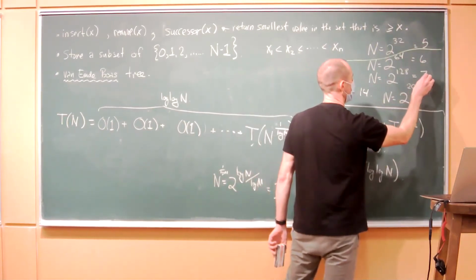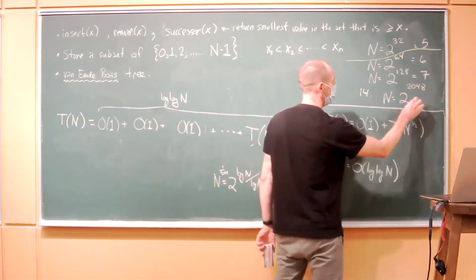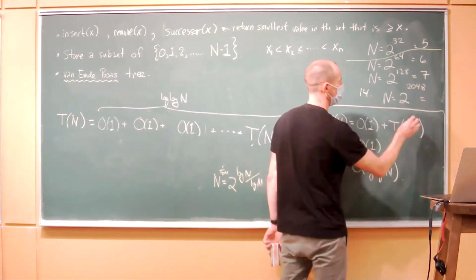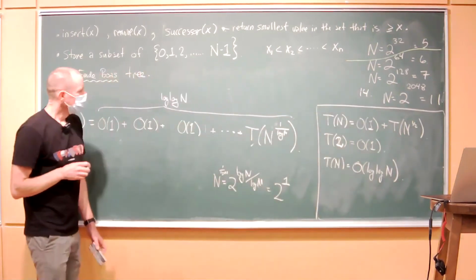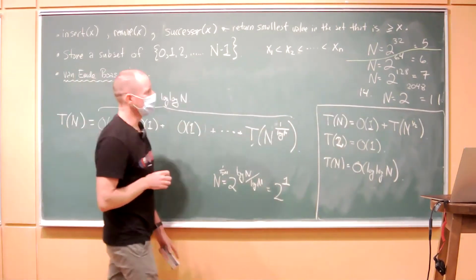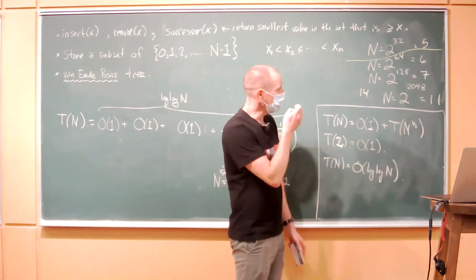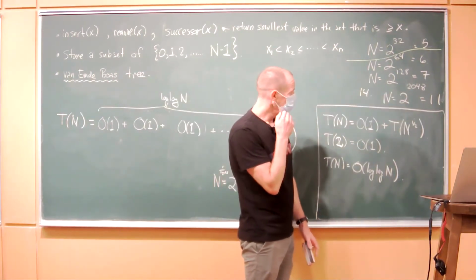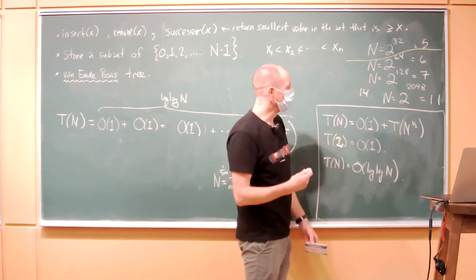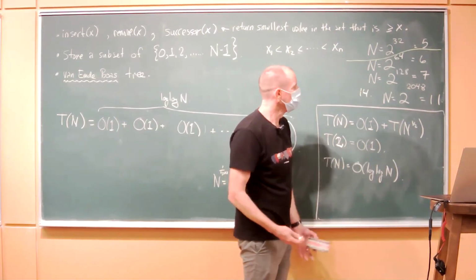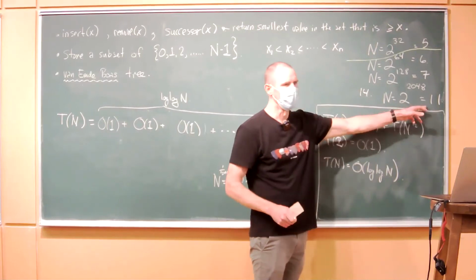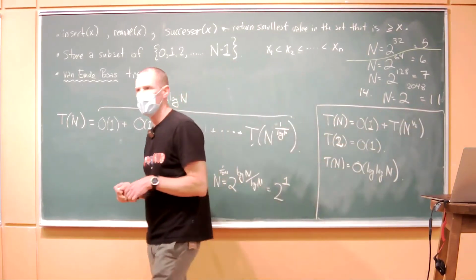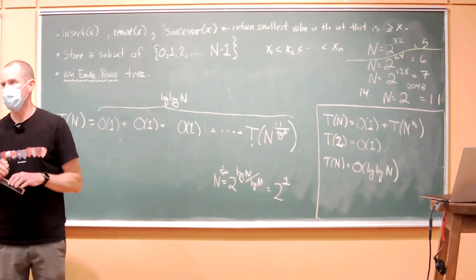This one is 7. And this one is 11. So huge numbers, 2048 bits long. And we'll be able to find numbers from that set in basically 11 steps. And it doesn't matter how big the set is.